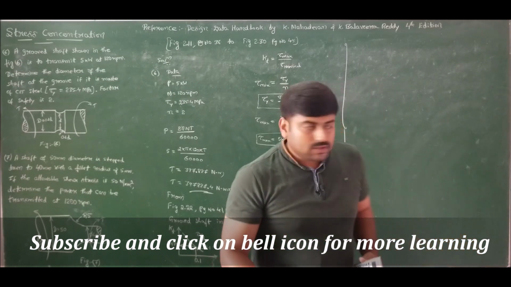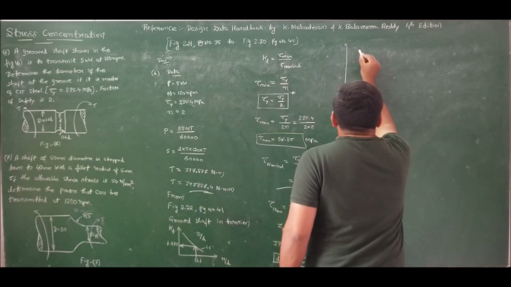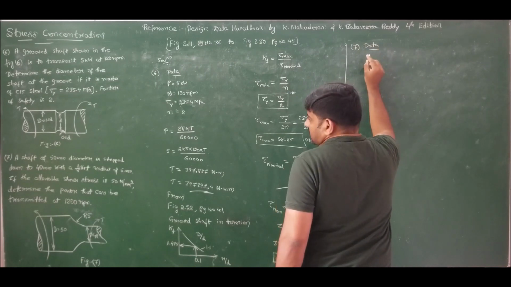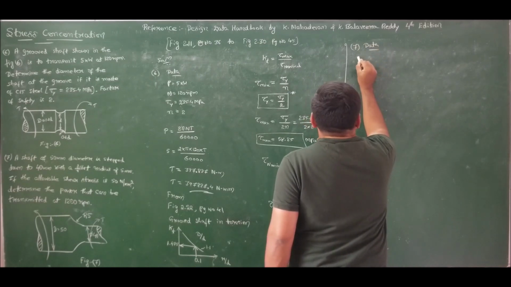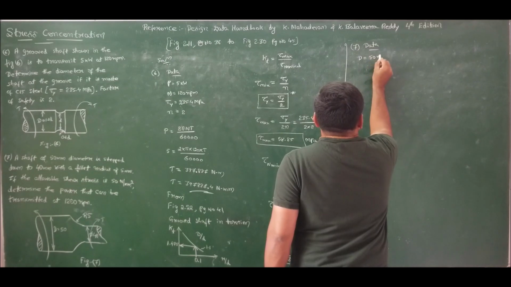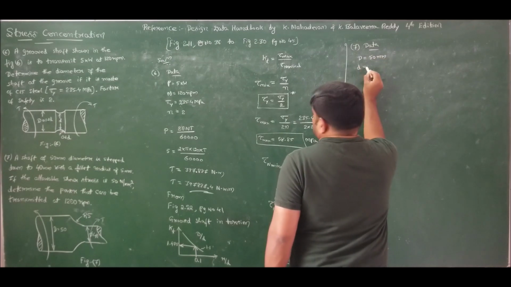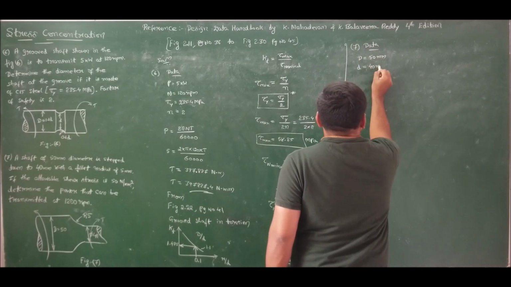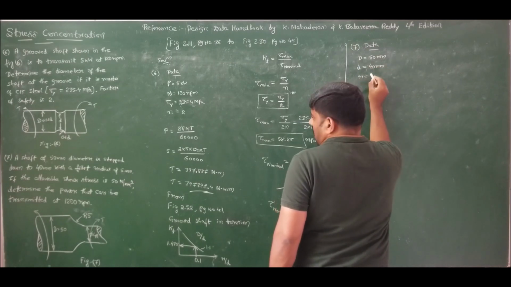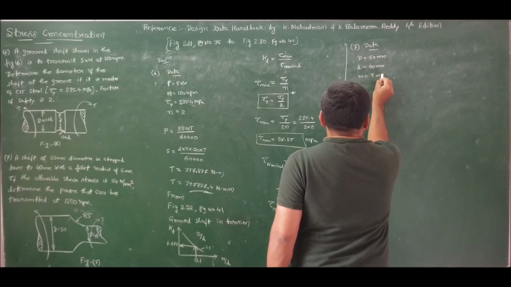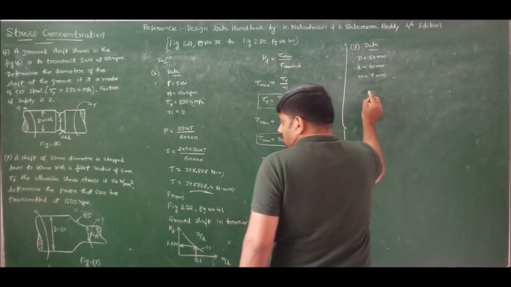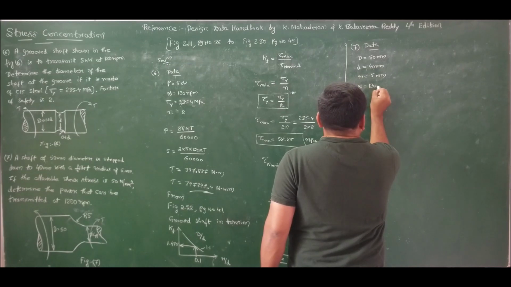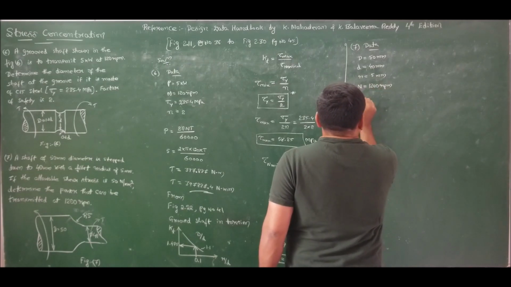Now if I move for the solution of problem number 7, we have the data specified as the shaft diameter capital D is 50 mm, small d is 40 mm, and fillet radius R is 5 mm, and we want to determine power for a rated speed of 1200 rpm.